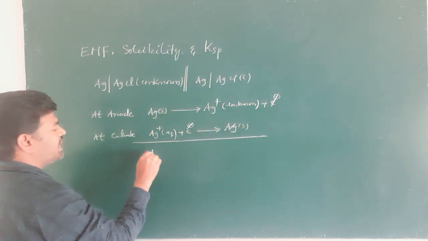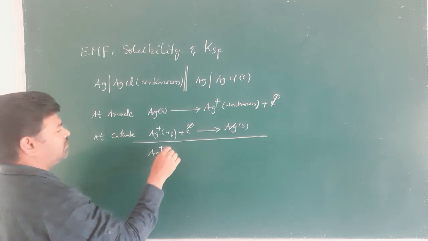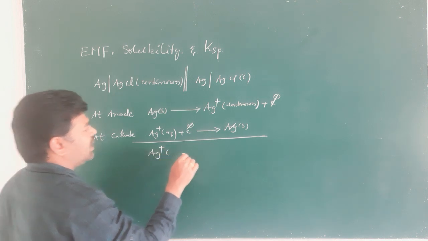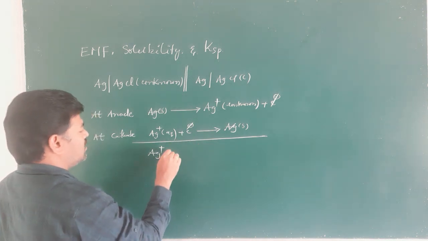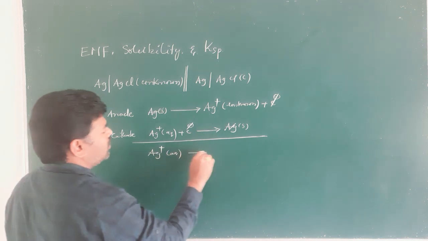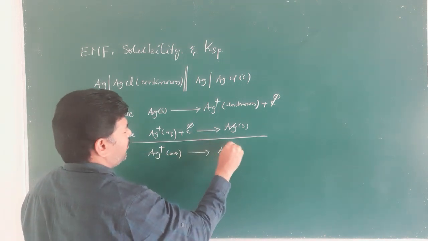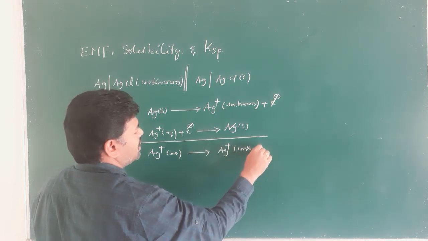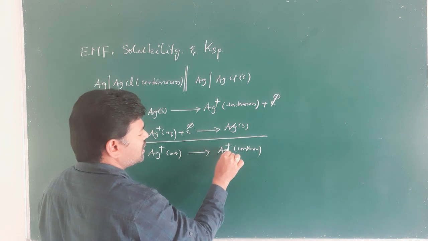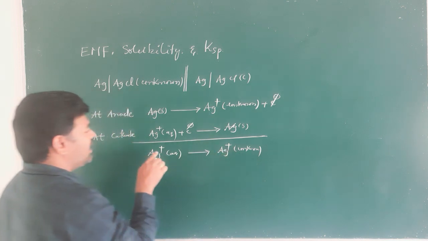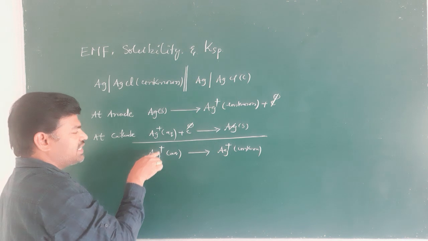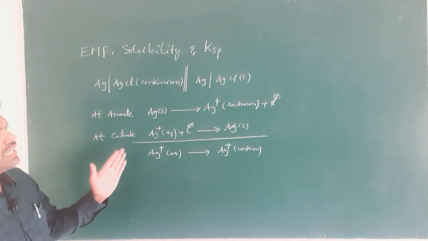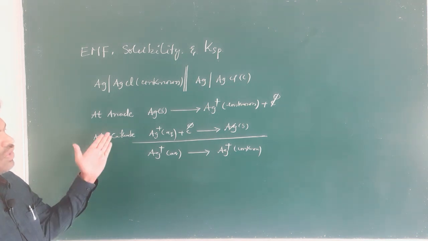Then the net cell reaction is Ag plus aqueous gives rise to Ag plus unknown, that is the concentration of Ag plus at anode, and this is the concentration of Ag plus ions at cathode. Now let us calculate the EMF of this cell.